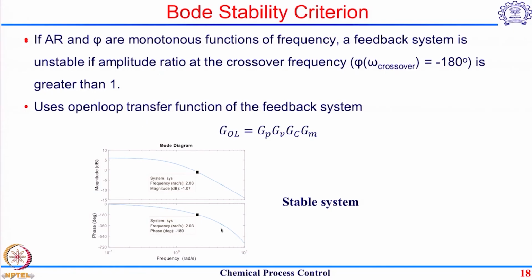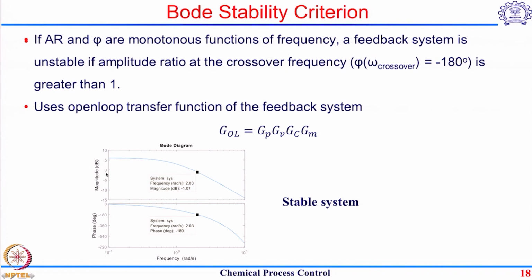So, here it is represented as a Bode diagram for a stable system. You can see that at this particular frequency the phase is minus pi, and then you move up into the first figure and compute what is the corresponding AR. This is a MATLAB plot.